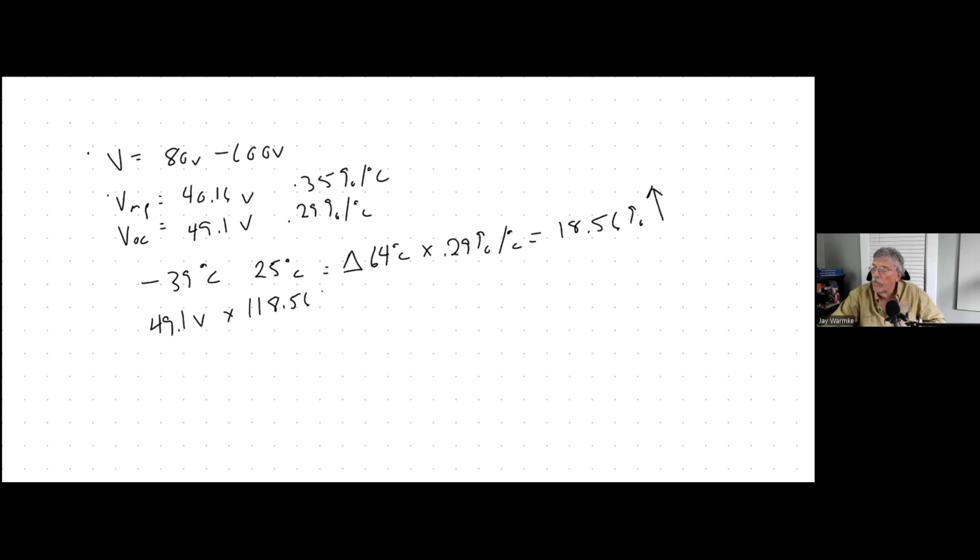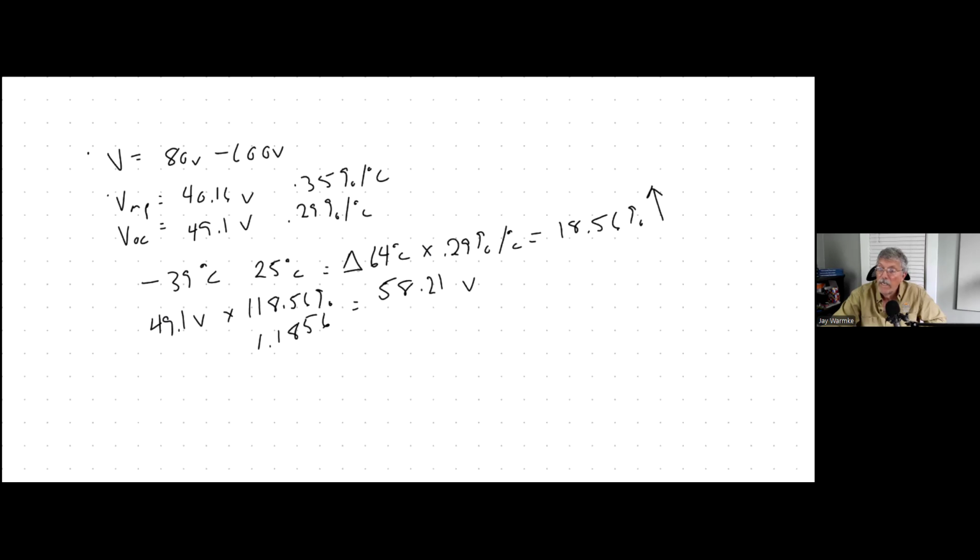So it's 100% plus the 18.56% more. Or if we decimalize it, it's 1.1856. And we get 49.1 times 1.1856 gives me 58.21 volts. So on the coldest day ever, that panel is going to produce 58.21 volts.